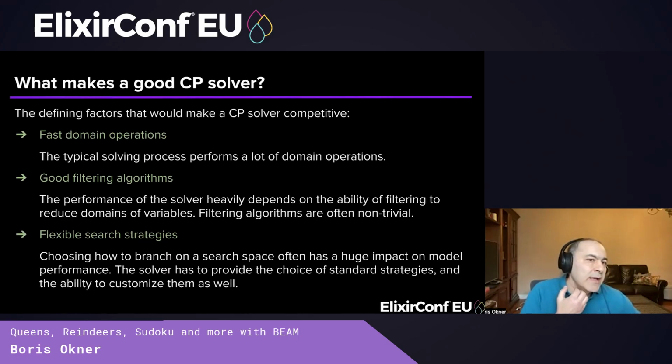The challenges are related to the functional programming approach, right? For example, for domain operations, systems with mutable domains perform better in general. We do not. So this is a problem that we have to work on.